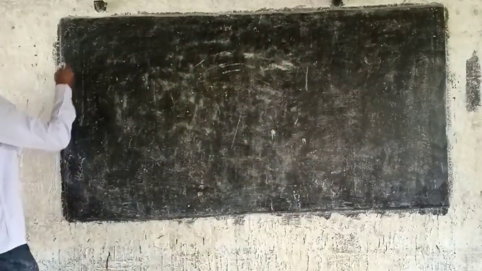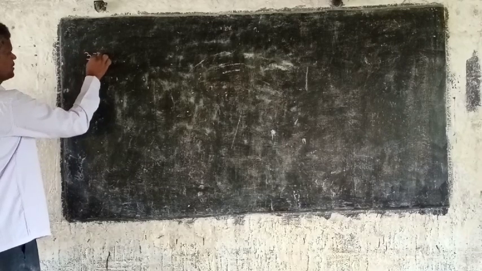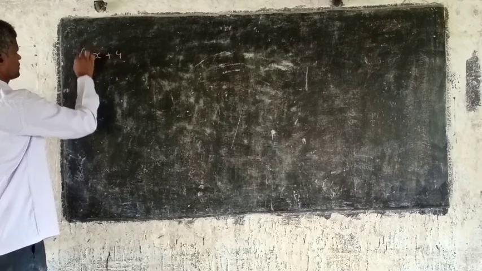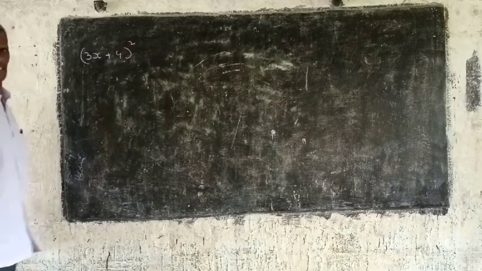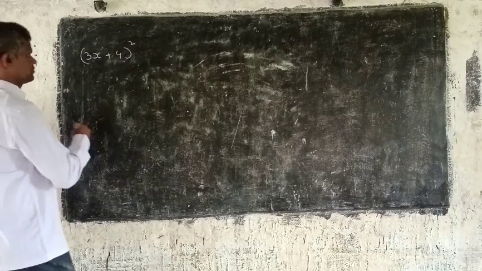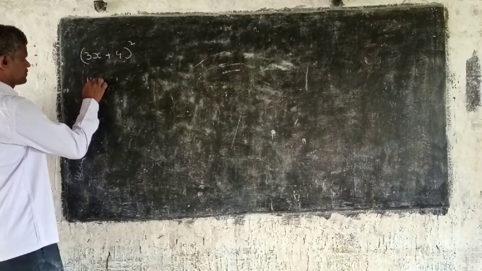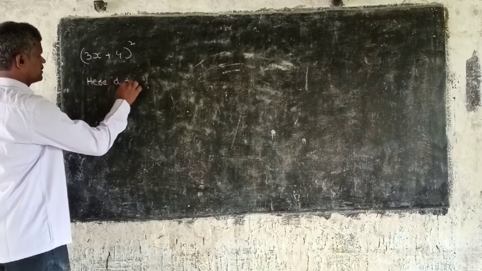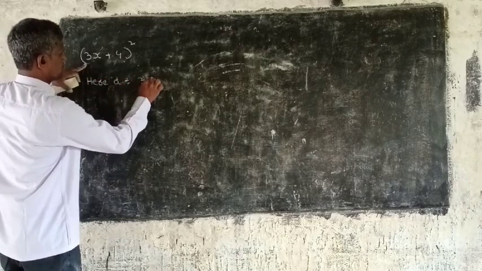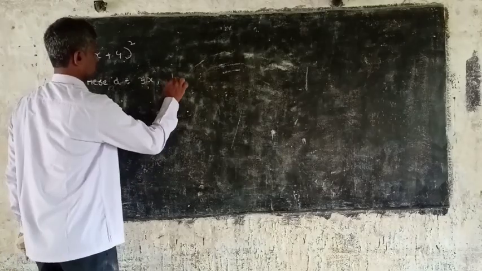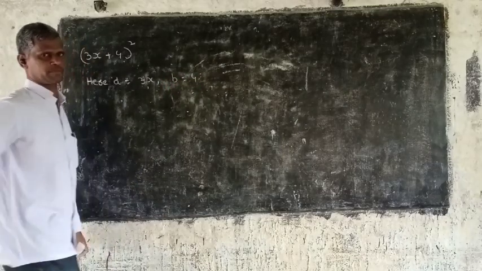Next one, (3x plus 4) whole square. Any method. Here a equal to 3x, b equal to 4.